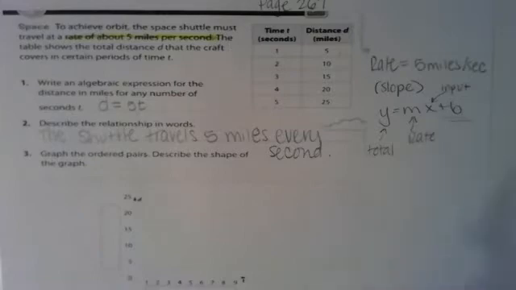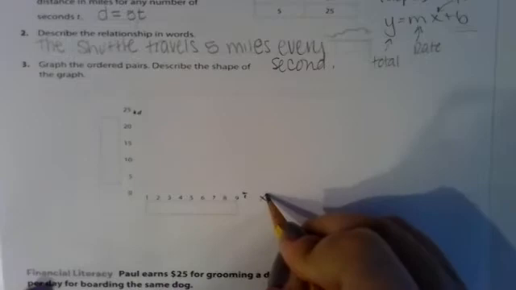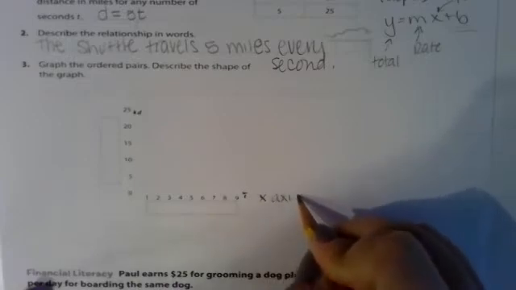Okay, so then we get down here and we're going to graph the ordered pairs and describe the shape of the graph. The first thing is just a couple reminders that this is going to be my x-axis, and that is going to be my independent variable.